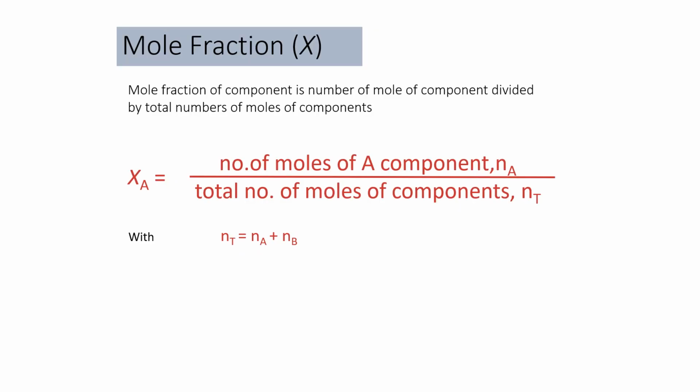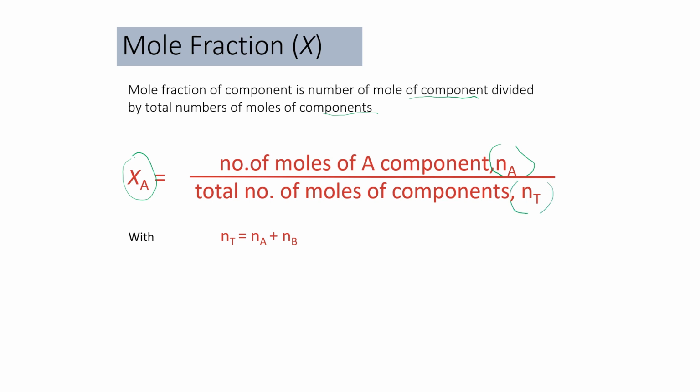And then we also need to calculate the mole fraction, X. The mole fraction of a component is the number of moles of a component divided by the total number of moles of components. Let's say we have two components A and B, and we want to find the mole fraction for component A. So we have Xa equal to the number of moles of component A, symbolized as Na, over the total number of moles of the components in the system, Nt.